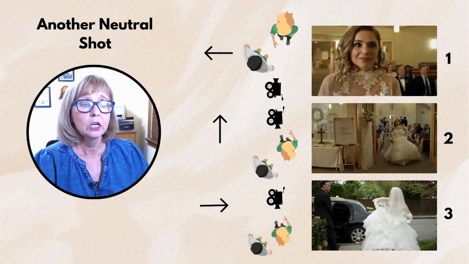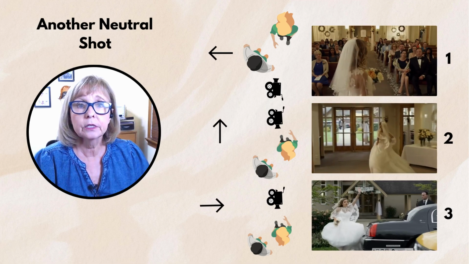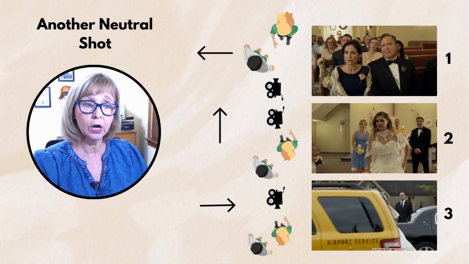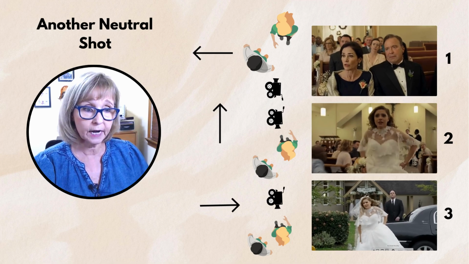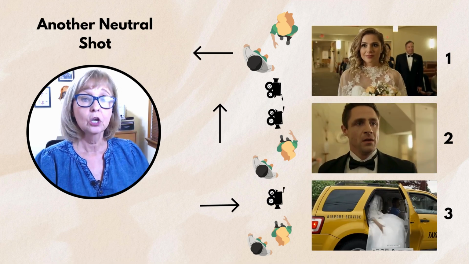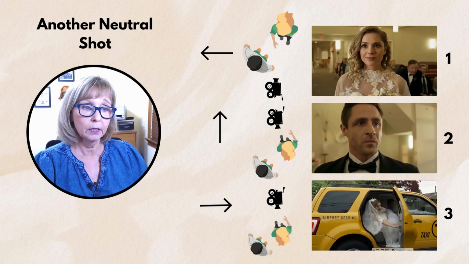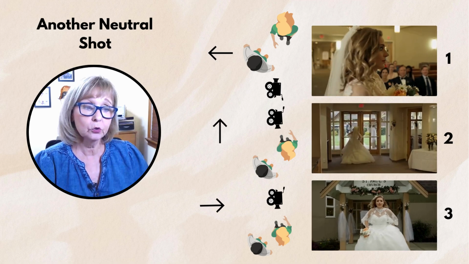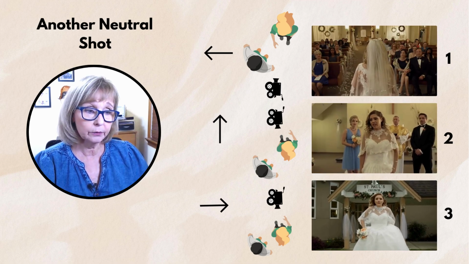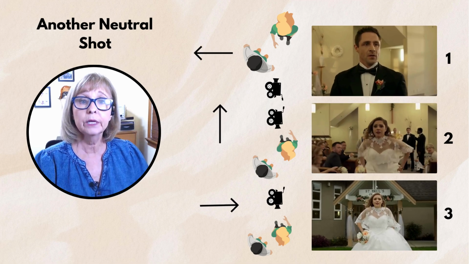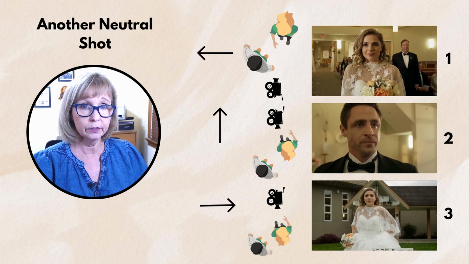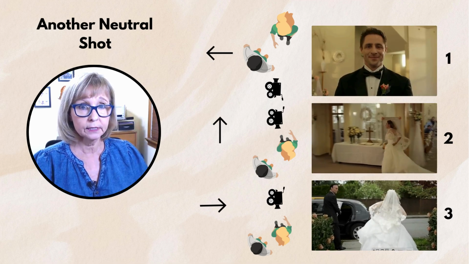Now, frame two is on the other side of the line. So that's the neutral shot where she starts running towards camera, and she gets to the door of the church. And then we jump to frame three, where we continue her walk down the walkway towards the taxi.